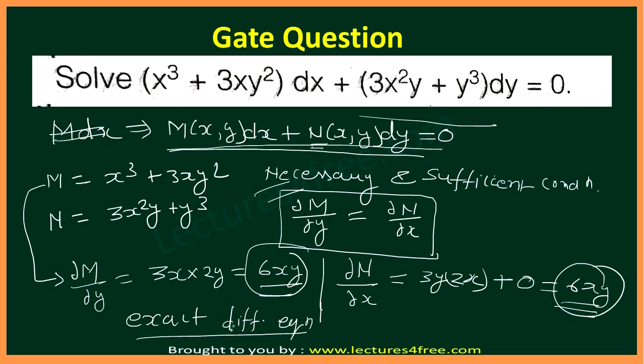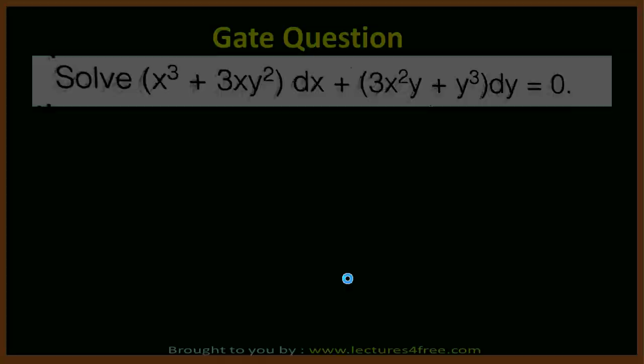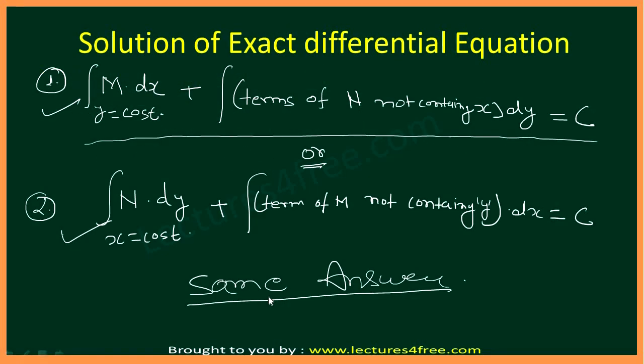As this equation is an exact differential equation, we can find the solution by using either the first formula or the second formula. Let's suppose I am applying the first formula.